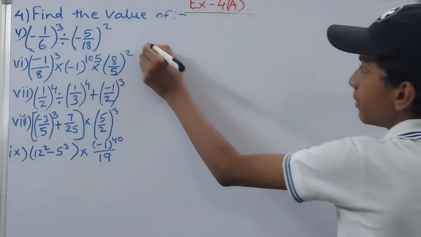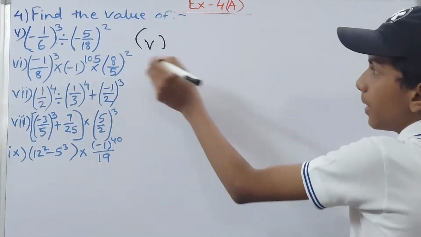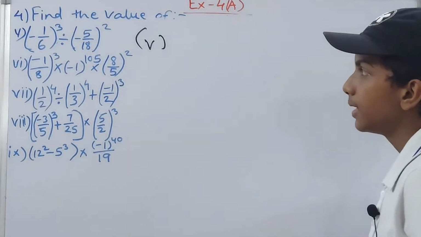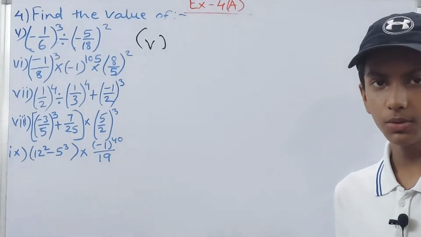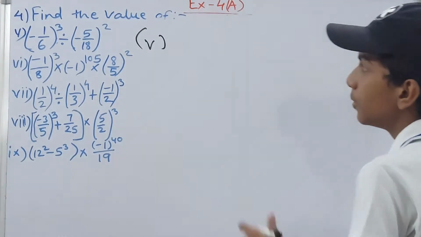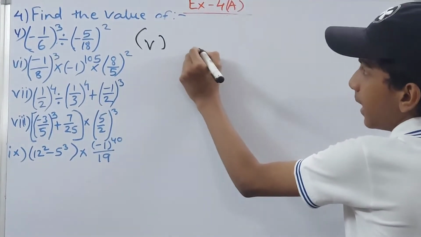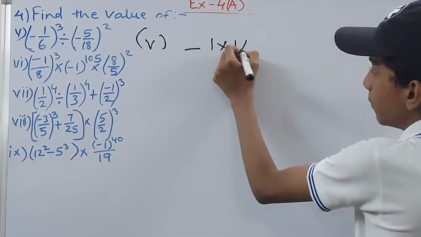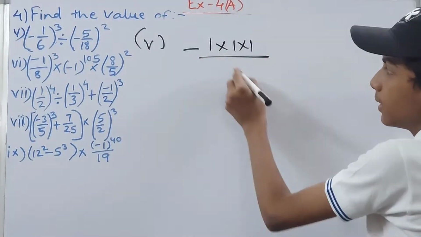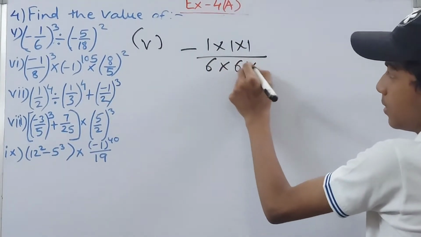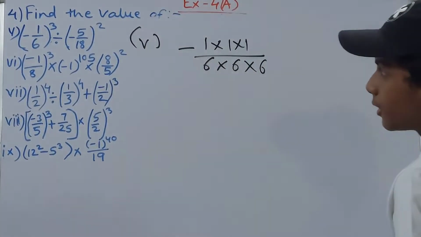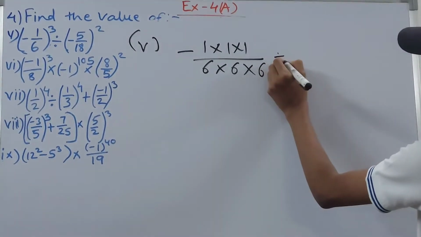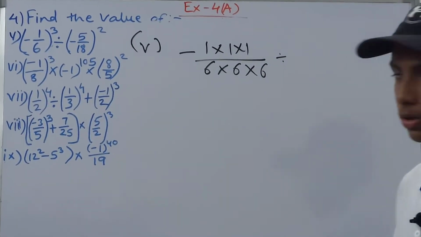This is the fifth part, right? And we have minus 1 upon 6 to the power 3 divided by minus 5 upon 18 to the power 2. So I'll do this simply. We'll have minus 1 into 1 into 1 upon 6 into 6 into 6, 3 times, divided by minus 5 upon 18, 2 times.